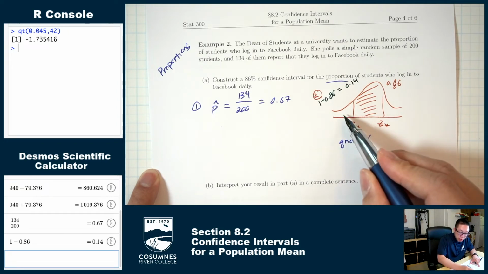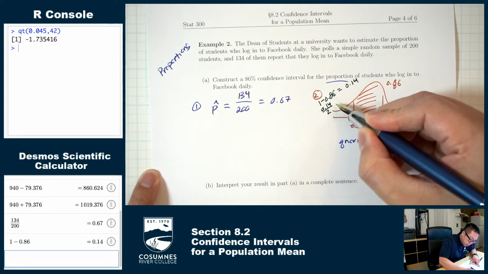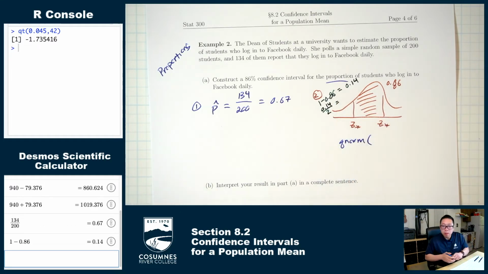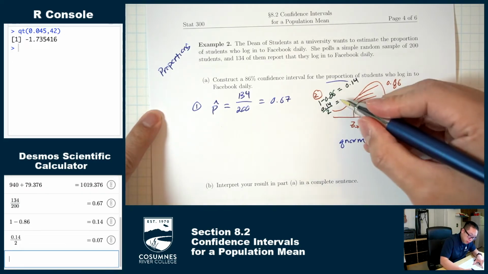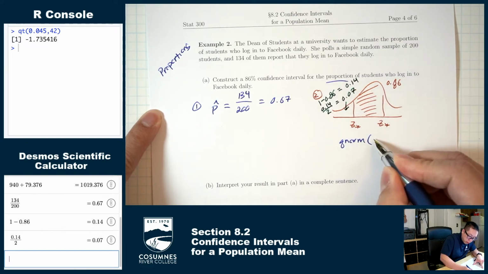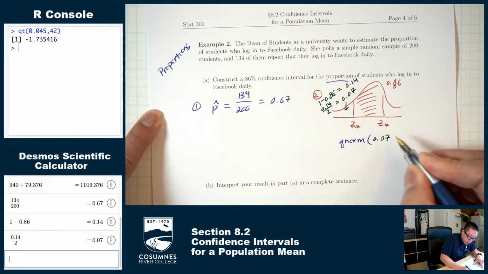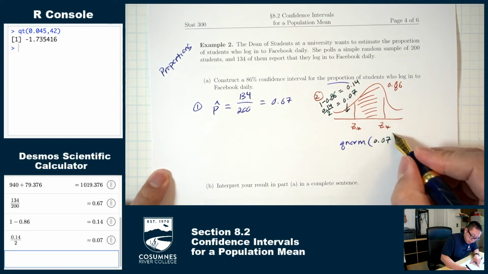If I just want the left, divide that by 2. So 0.14 divided by 2 is 0.07. Okay, that goes into my Q norm. Q norm doesn't have a DF, so that's it.